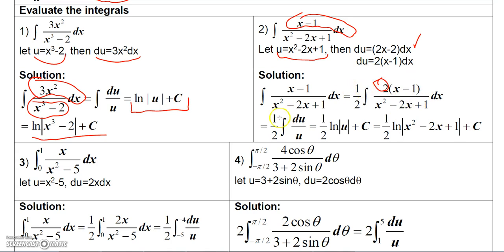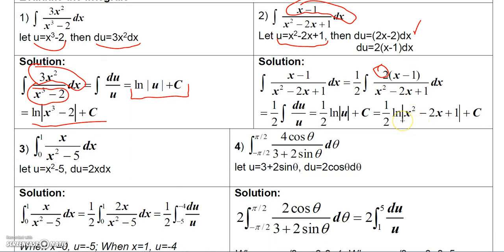So actually this is going to be 1/2 times the integral, and remember the numerator portion is du and the denominator is u, so I have 1/2 times du over u, and then when you integrate that using the formula, you get 1/2 times the natural log of the absolute value of u plus a constant, and then just replace u with our substitution that we used up here. Okay, so you get 1/2 times the natural log of the absolute value of x squared minus 2x plus 1 plus c.